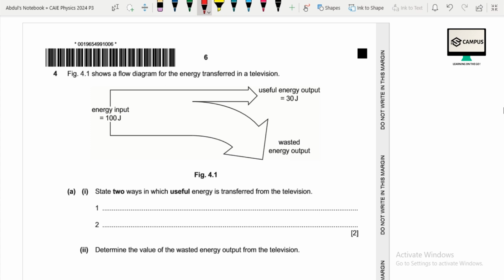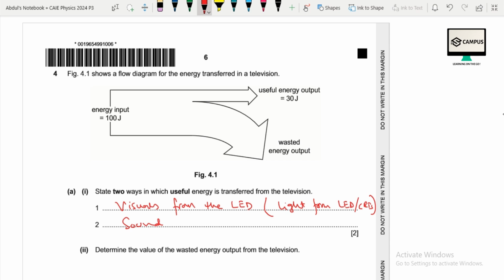For a television, one could obviously be the visuals, or to be more specific, the light from the LED or CRT. And the other would be sound. The sound coming out from a television is also one of the intended purposes, so that's useful as well.